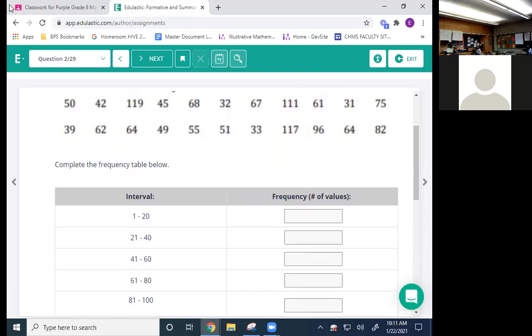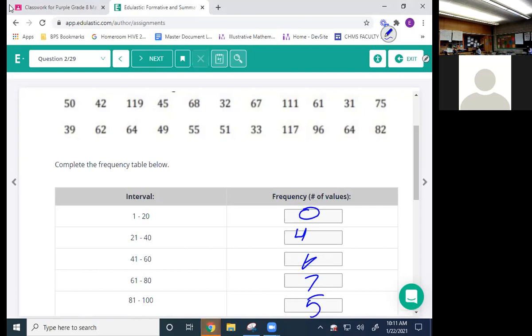So when you count these out, the 0 to 20 had 0 values. 21 to 40 had 4 values. 41 to 60 had 6 values. 61 to 80 had 7. And 81 to 100 had 5. Okay?